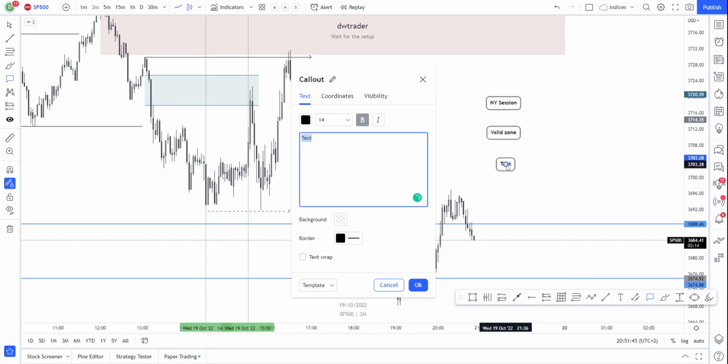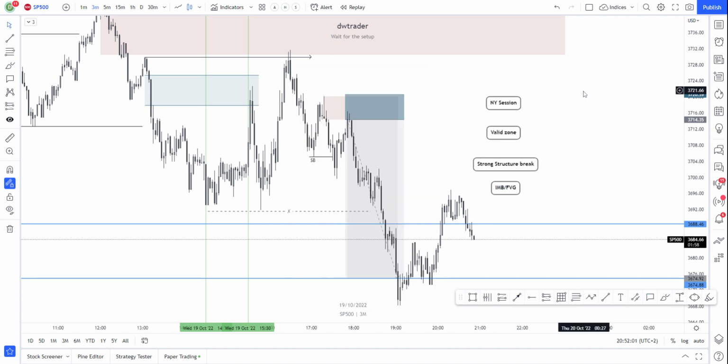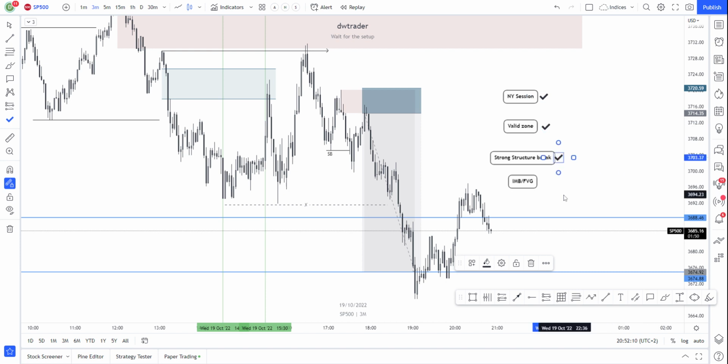We also had a strong structure break, and we also had imbalance or fair value gap. Pretty much the same thing. So we had tick boxes, we can tick them all off. We had the New York session, we had a valid zone, we had a strong structure break, and we had imbalance and a fair value gap.